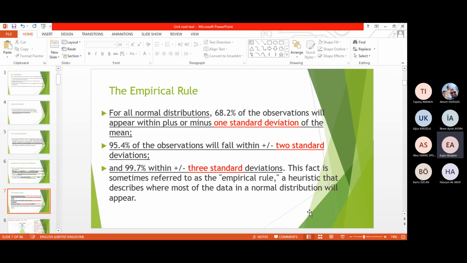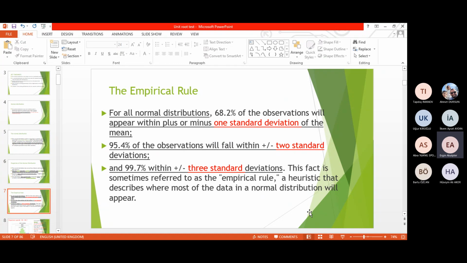If the normal distribution is observed, 95% of the observations will fall within plus or minus 2 standard deviations, and 99.7% within plus or minus 3 standard deviations. This fact is sometimes referred to as the empirical rule, a heuristic that describes where most of the data in a normal distribution will appear.